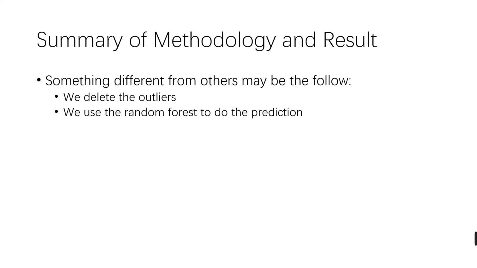There are some things different from others that we have to point out. One is that we delete the outliers, and second is that we use a random forest to do the prediction, maybe different from others. So that's all on my part. Thanks.